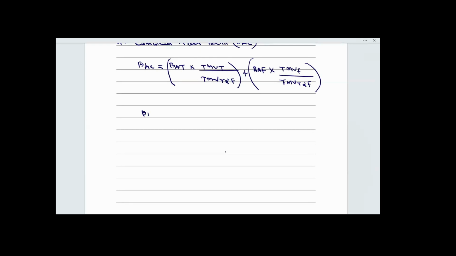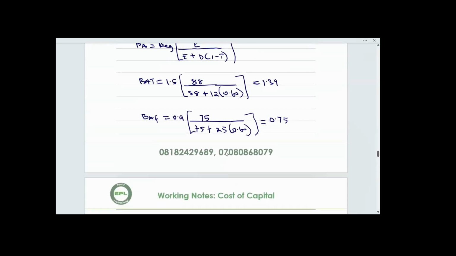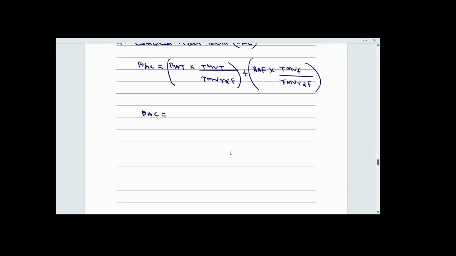So beta asset of the combined will then be equal to beta asset of training. In step 2, we got for training 1.39. So I will say 1.39 multiplied by total market value of equity and debt of training over total market value of equity and debt of training and financial.